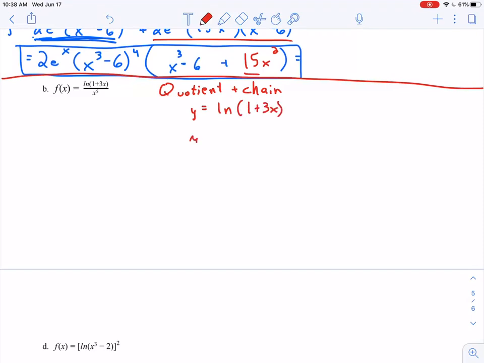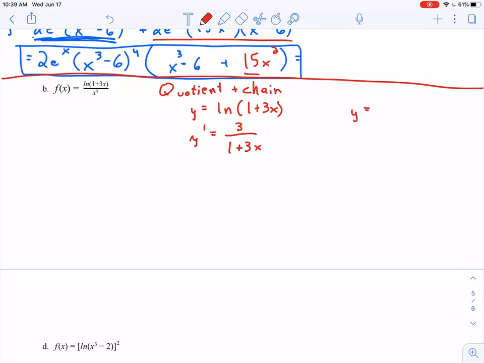So when I take the derivative of this part, y prime, natural log of 1 plus 3x, we said that was u prime over u. So the derivative of this inside part, derivative of 1 plus 3x, would just be 3 divided by u, which is just this inside part. That part stays exactly the same. So 1 plus 3x. There's my derivative of just the numerator.